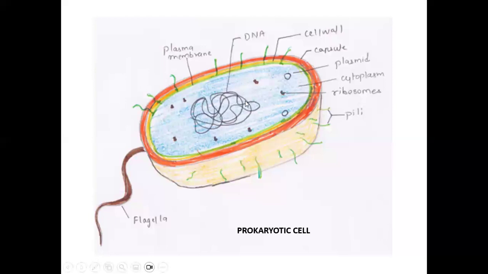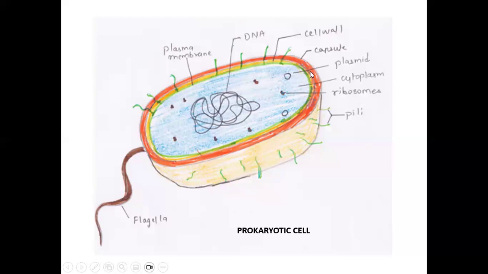Then we also can see the extra chromosomal DNA in the form of plasmids present in the cytosol, and small organelles such as ribosomes, which are involved in protein synthesis. Here we do not have other organelles or compartmentalization of different organelles present in a prokaryotic cell.